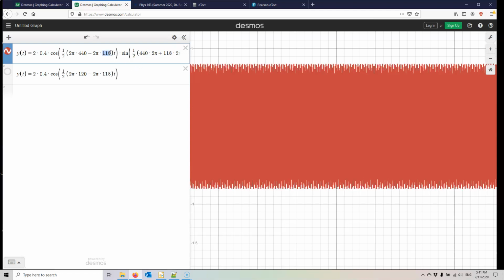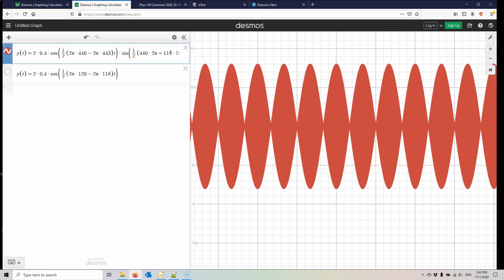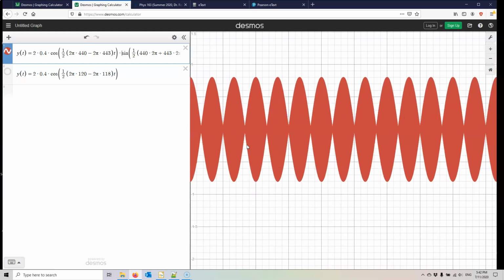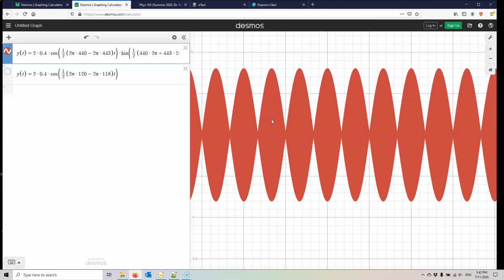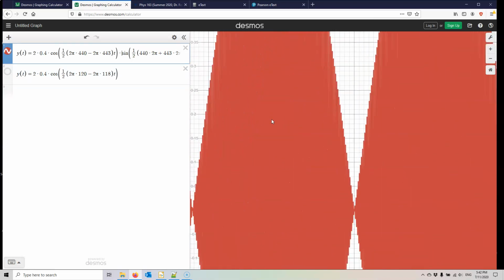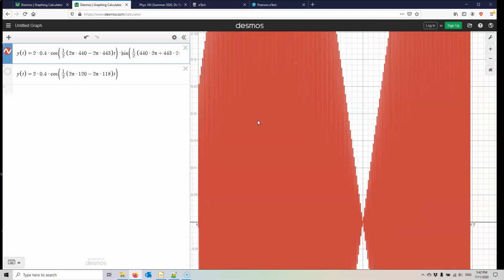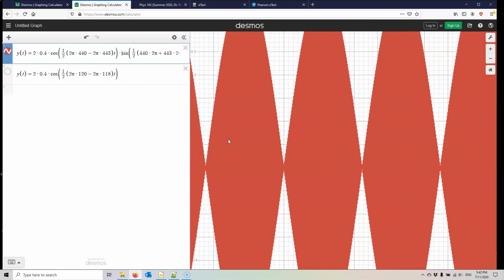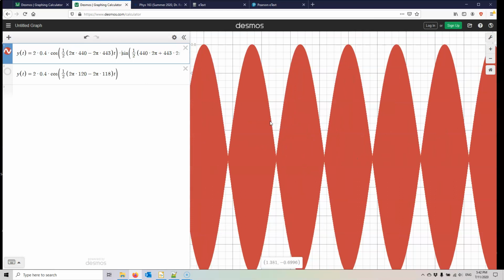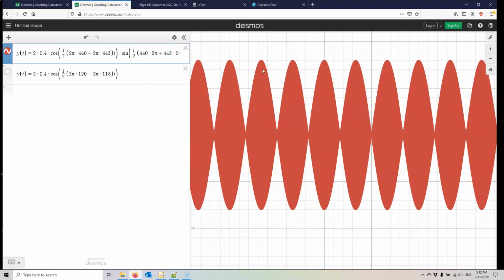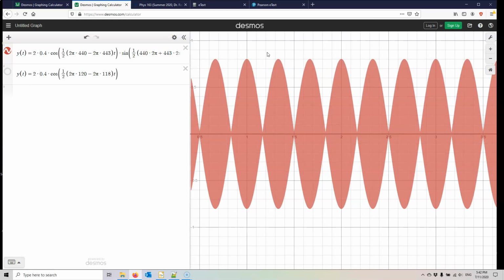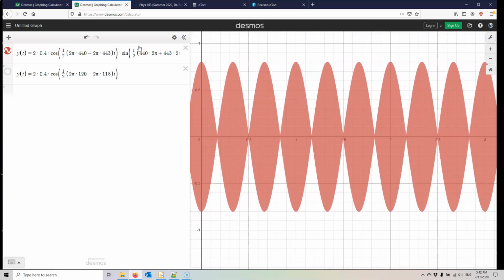This one's meant to be 443, and here's 440. And it looks like this. The same idea. You can't see the individual oscillations unless I zoom in really far, like this. 440 is the note A that orchestras tend to tune to. It's the A just above middle C, especially if you're a pianist.